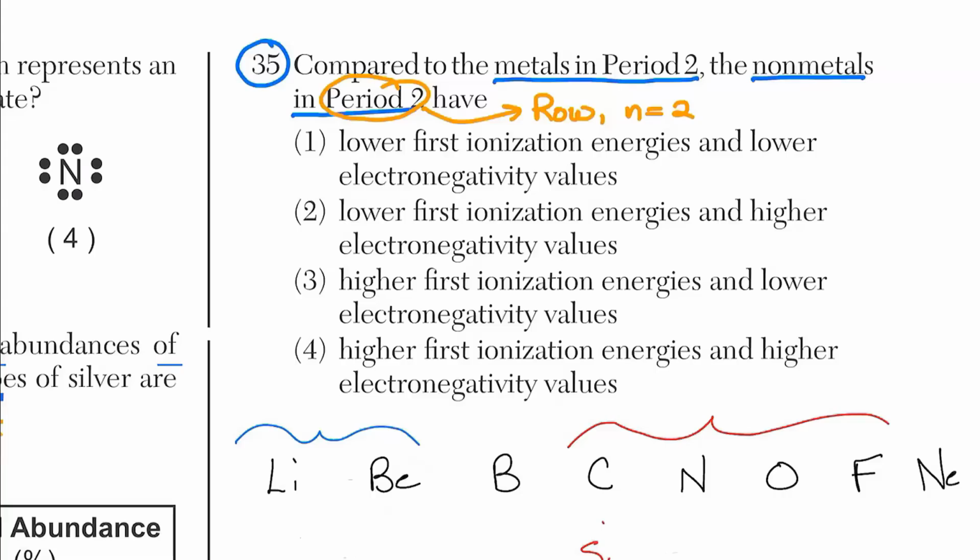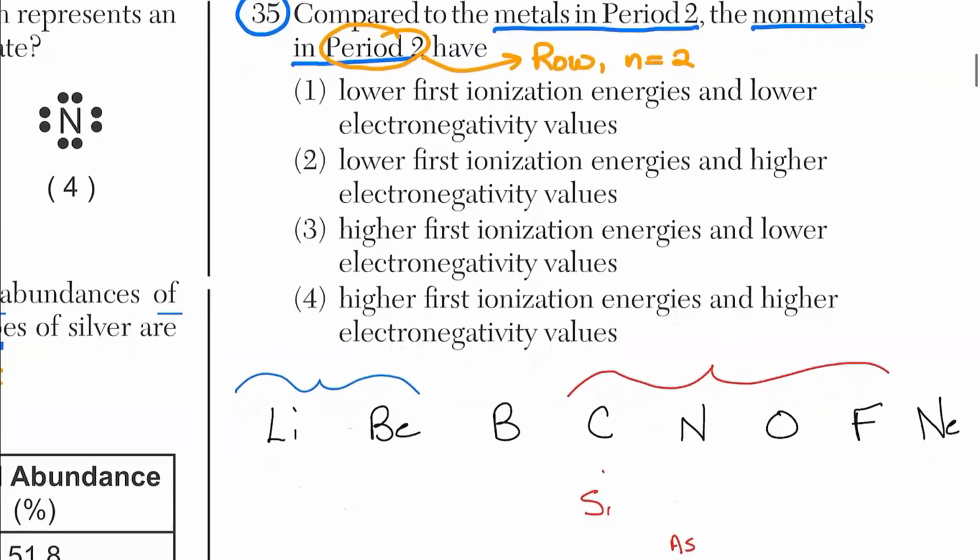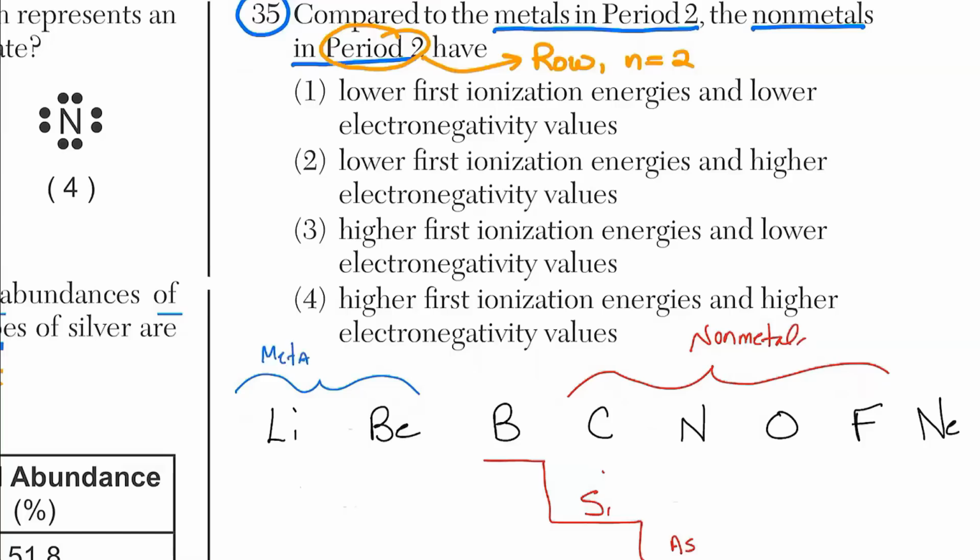So there's a staircase, and you should know that your nonmetals are up to the right, above the staircase. There's my nonmetals. And then my metals are to the left of the staircase. So you needed to know where they are in row 2. Here's a metal, here's a metal. The nonmetals I'll do in red.